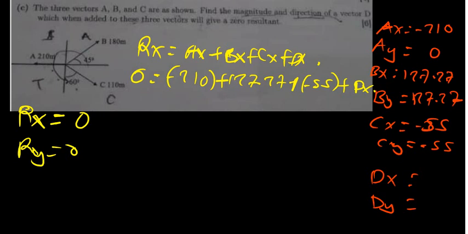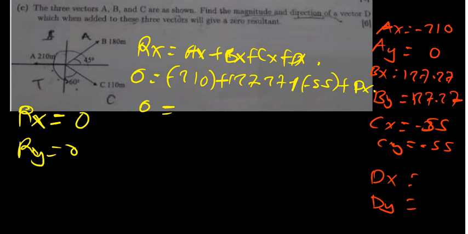So find the answer here. What are we going to have, guys? We have 0. What are you getting? We have negative 210 plus 127.27 plus minus 55.